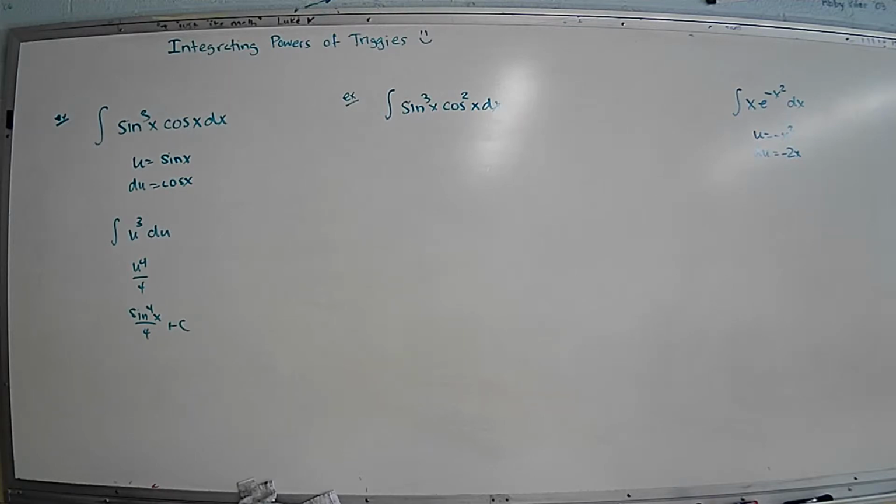Sine squared plus cosine squared is 1. 1 minus sine squared is cosine squared, 1 minus cosine squared is sine squared. 1 plus tangent squared is secant squared. 1 plus cotangent squared is cosecant squared. Those are the biggies that we're going to be using here.